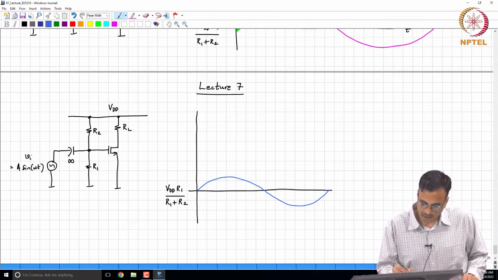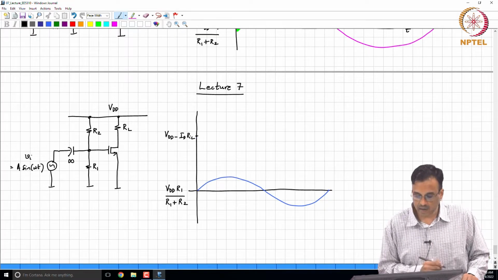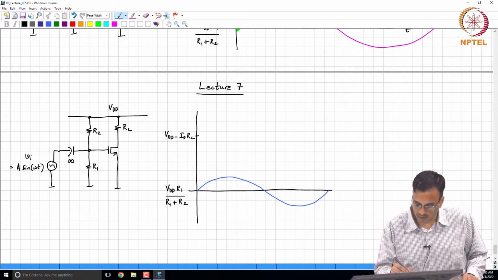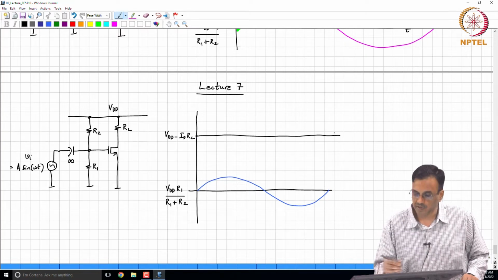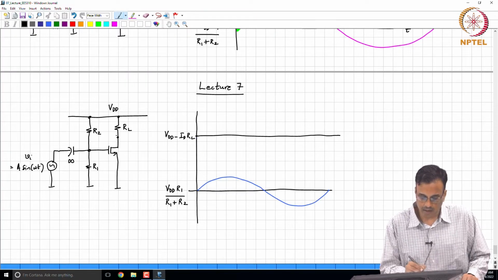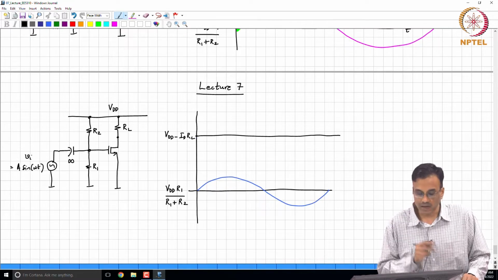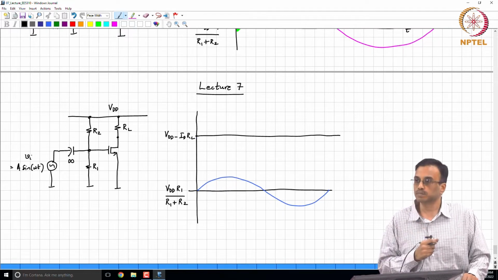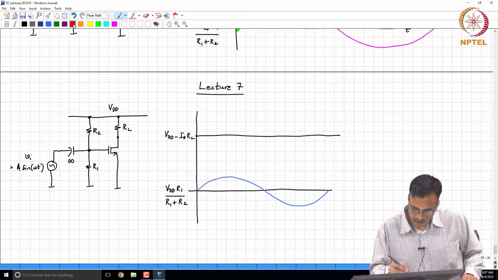And the drain potential is going to be, the quiescent value is VDD minus ID times RL, and ID can be found the moment we know the properties of the transistor. The total voltage at the drain is the sum of the quiescent and the incremental. The incremental voltage at the drain is what now? Minus GM RL times Vi.